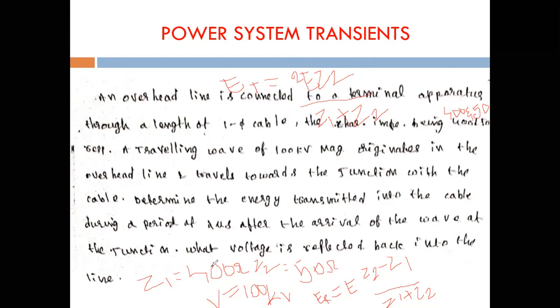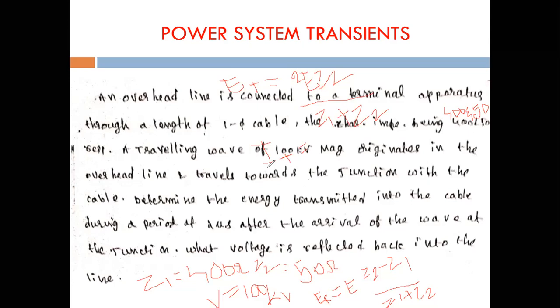Substitute those values, then we calculate IT, the transmitted current.